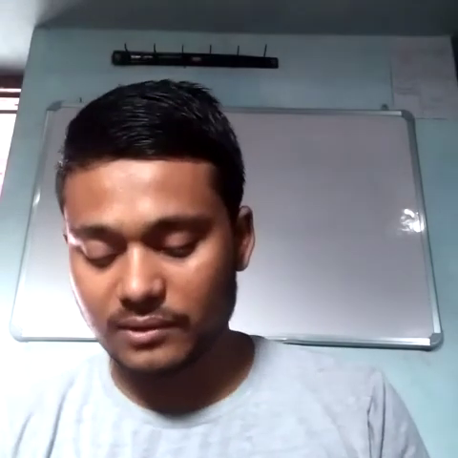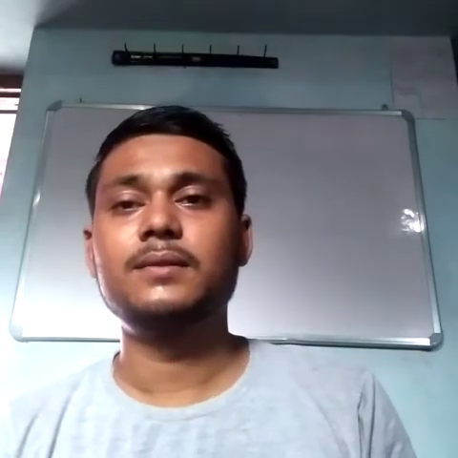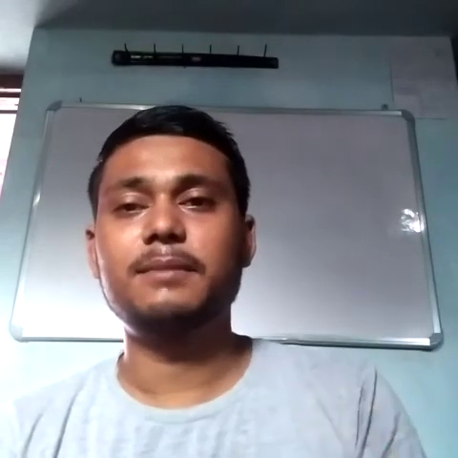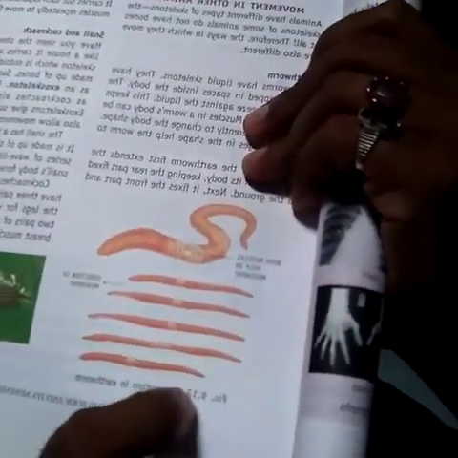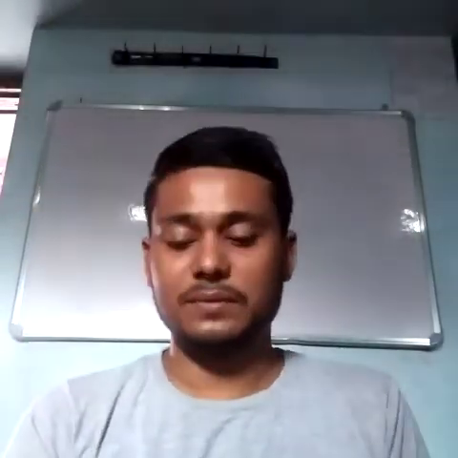We can also say that the upper part of the earthworm is first elongated, and then the back part of the earthworm is relaxed. Upper part contracts, back part relaxes. See, upper part moves, lower part is in support. In this way the earthworm moves.